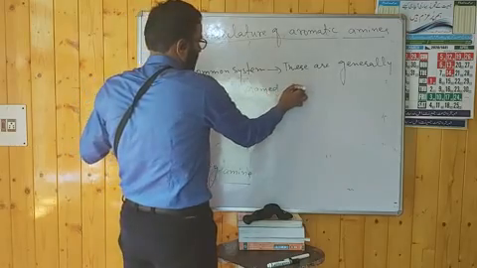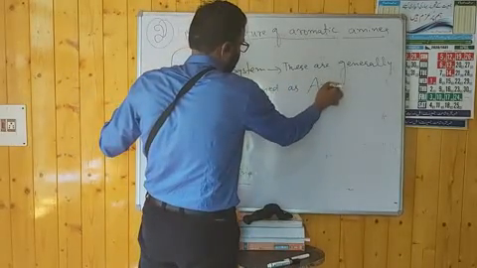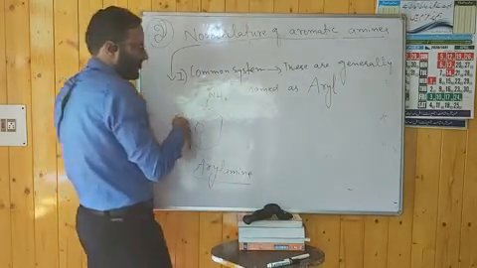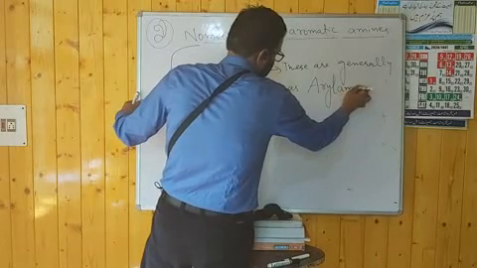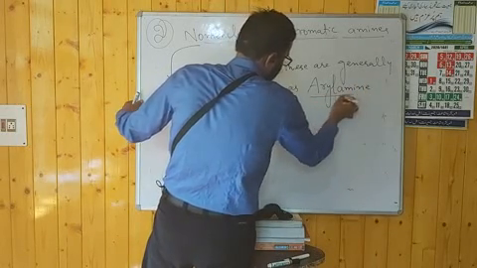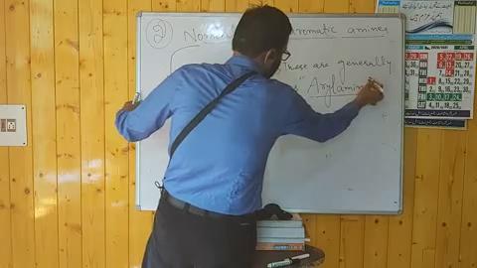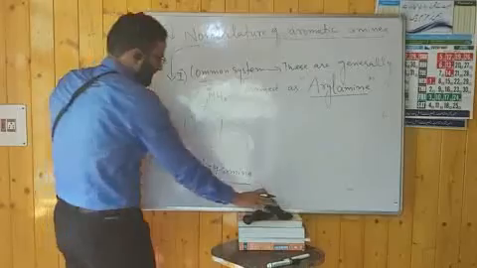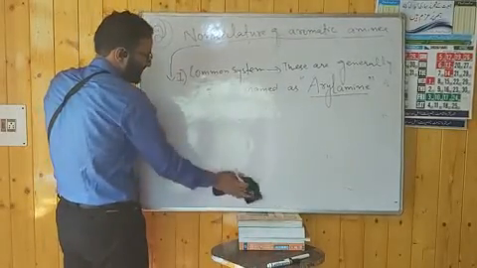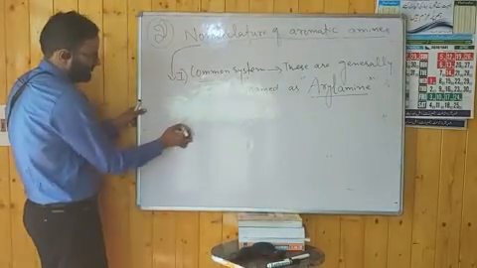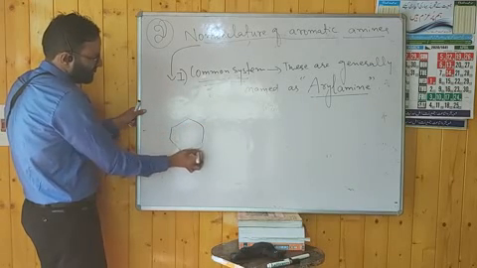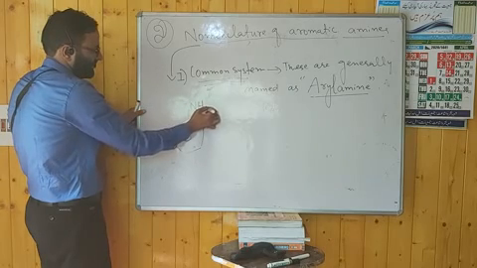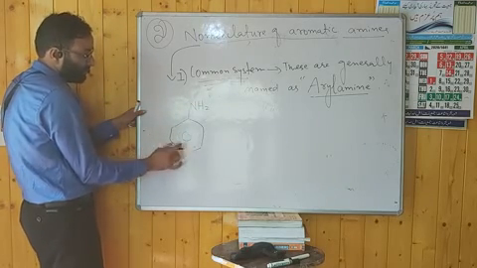You have to write the name of the aryl group, the aromatic part, followed by the suffix amine. The name will be arylamine. But here you have to remember a very important point: the simplest aromatic amine, in which the amino group is attached to the benzene ring, is popularly known as aniline.